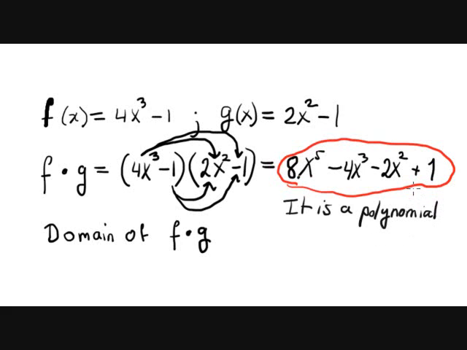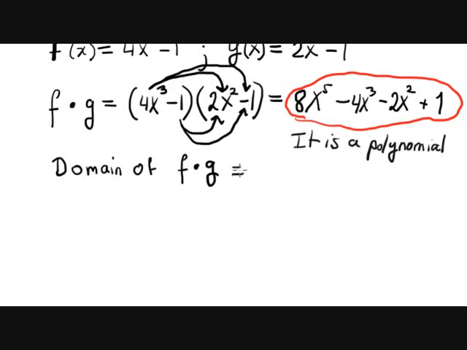So this expression does not contain a fraction or radical, which are the only potential restrictions. In this case, it's obvious that the domain of the new function is all real numbers, because we have no restriction. Or you can write it from negative infinity to infinity.